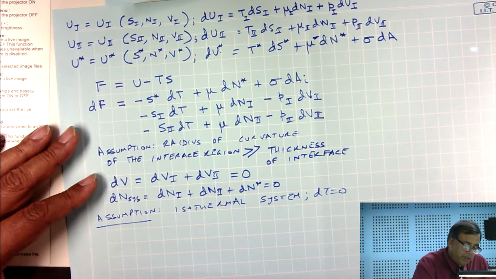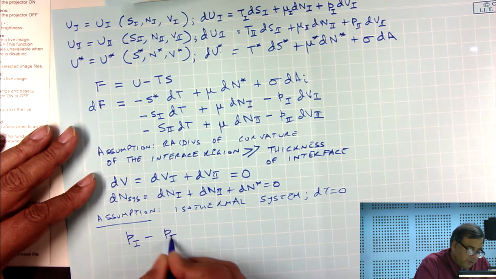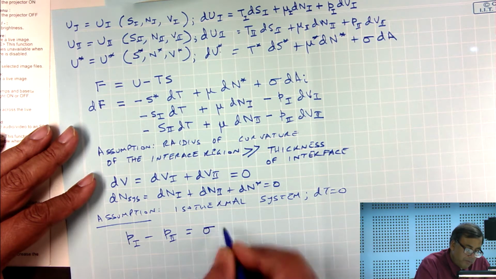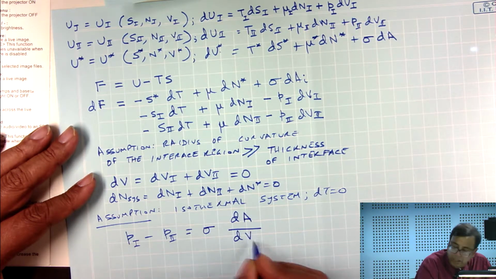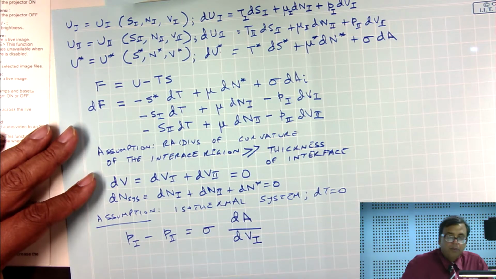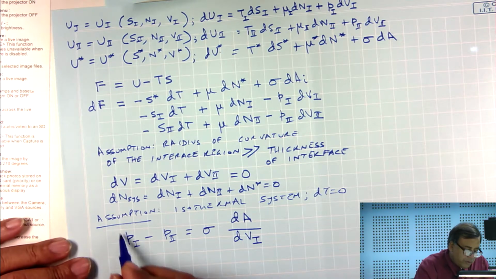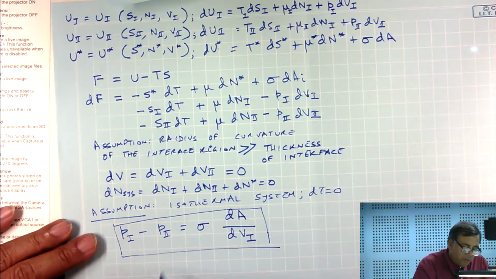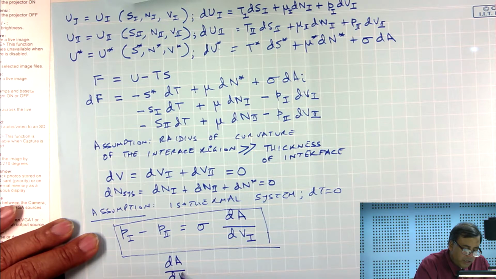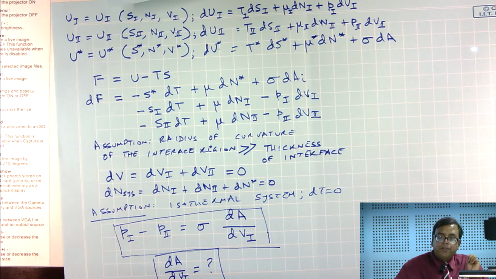If I make this assumption, what I end up with is P1 minus P2 is equal to sigma times dA divided by dV1. You all with me on this? So that is the equation I end up with. Now, the question is, what is dA divided by dV1? We got to figure this one out.